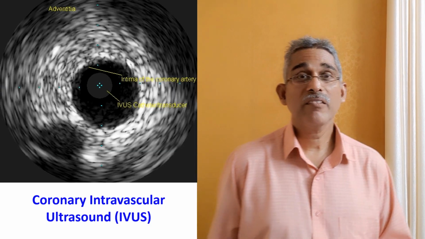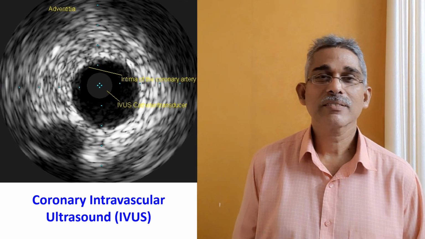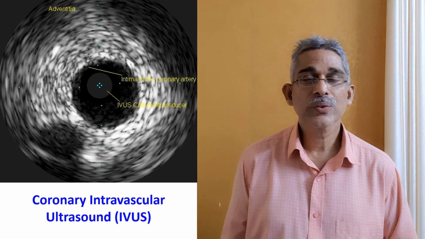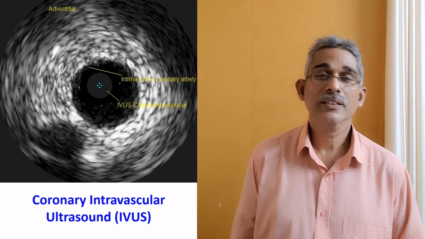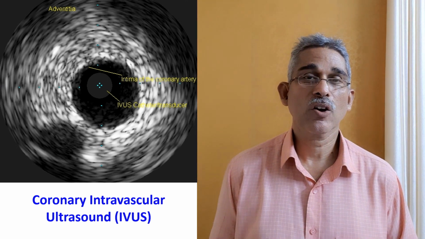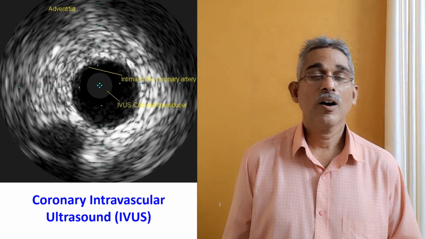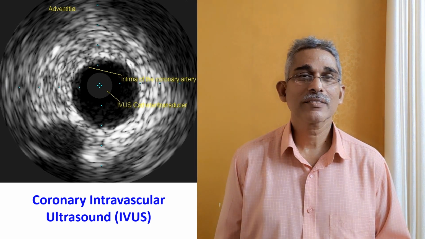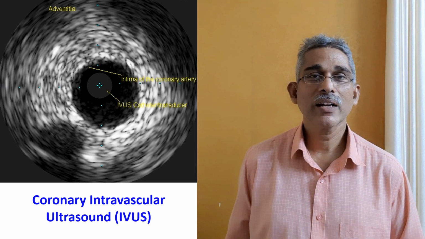A similar advancement is intracoronary ultrasound. Catheters the size of a coronary catheter can be introduced into the coronary artery to image the structures of the coronary plaque and coronary arterial wall, stents, dissection, all from within the coronary lumen. That is known as intravascular ultrasound, intracoronary ultrasound. A similar one is a Doppler wire.